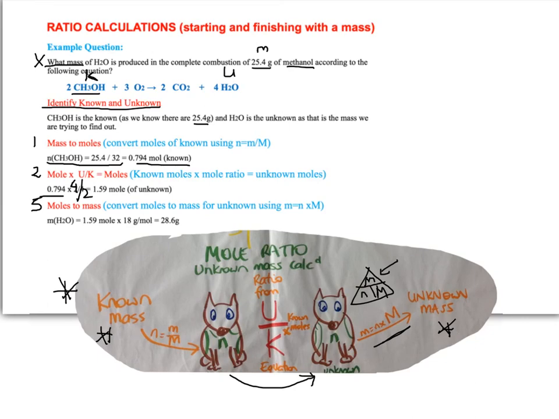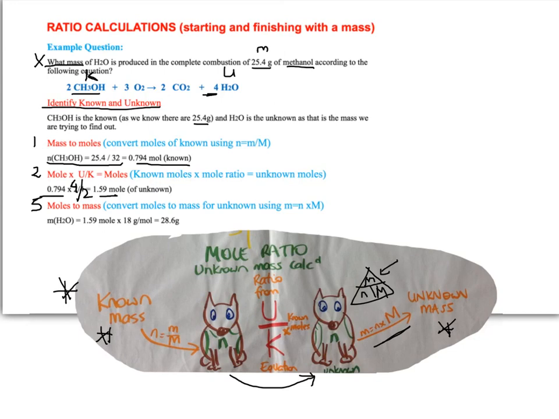So our known number of moles is at the bottom. So because we've got 2 moles of methanol, that's at the bottom, and our unknown number of moles from the equation is 4, so that goes at the top. So 4 over 2 is our ratio, our UK ratio. In effect, we are doubling 0.794, and our answer is 1.59 moles of the unknown.